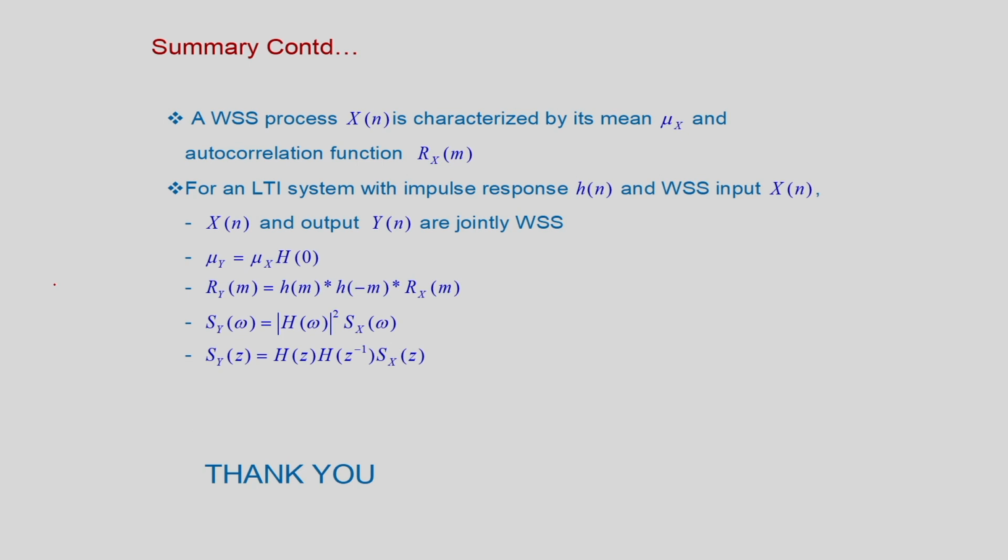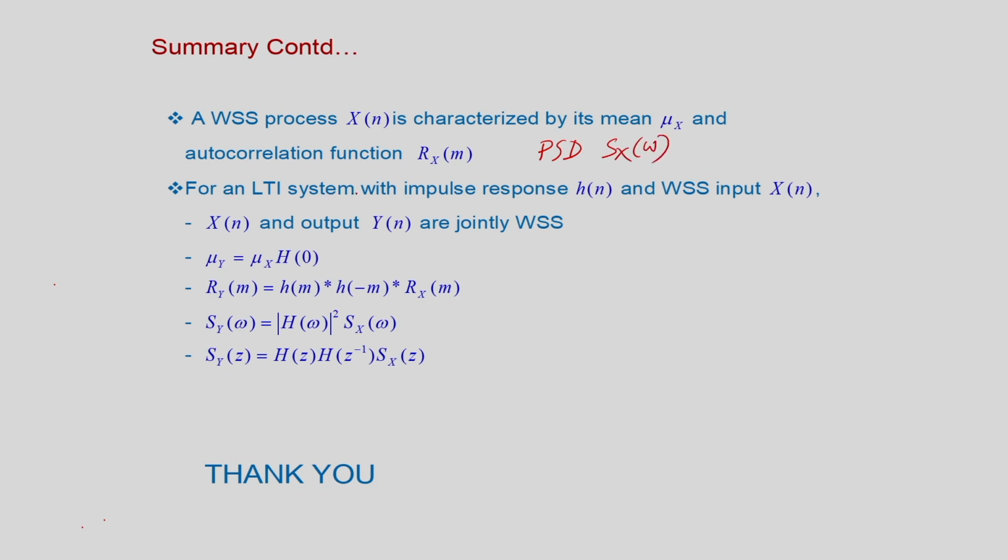Coming to the random process, a WSS process x[n] is characterized by its mean mu x and the autocorrelation function Rx of m. Also the PSD, Sx of omega.